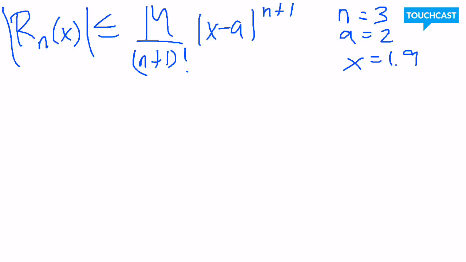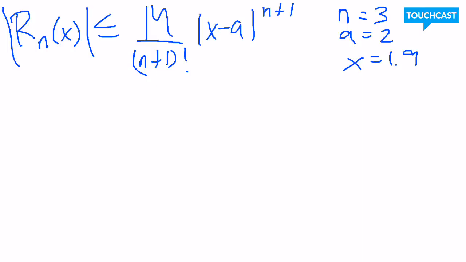That means the 4th derivative of h is increasing, which means that if I want to figure out its biggest value, I want to look at the right-hand side of the endpoint.